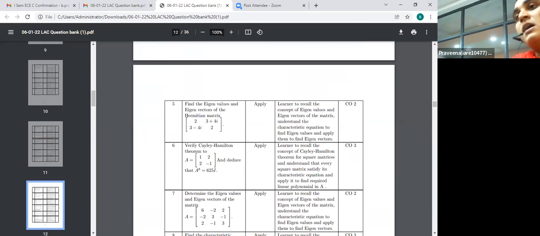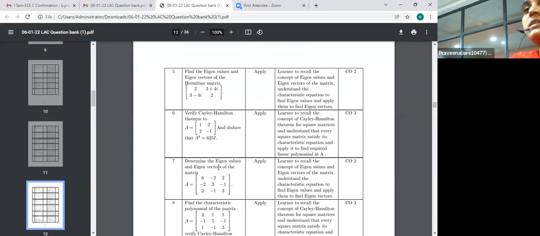The diagonal elements are real, and the Hermitian matrix formula is A power theta is equal to A. Here the diagonal elements are real numbers, right? That's why this is given as a Hermitian matrix. For that, find eigenvalues and eigenvectors.